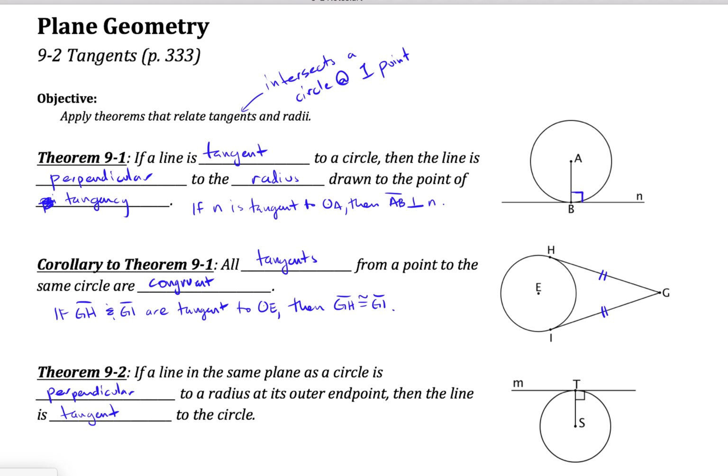This is basically just the converse of theorem 9-1. It's telling us that if M is perpendicular to segment ST, then M is tangent to circle S.